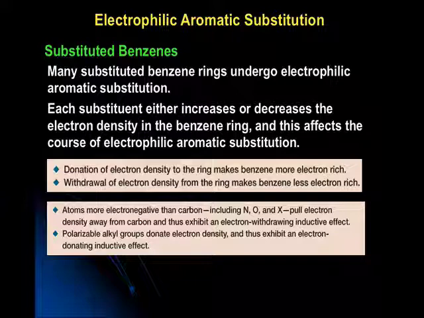So it turns out that if you have an atom that is attached to an aromatic ring, there are a couple of ways in which, and let's just use X, a halogen. Would a halogen add electrons to the benzene ring or remove electrons from the benzene ring? It will remove them by induction because halogens are very electronegative.